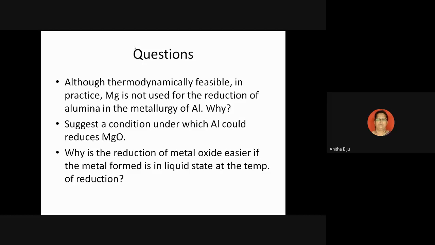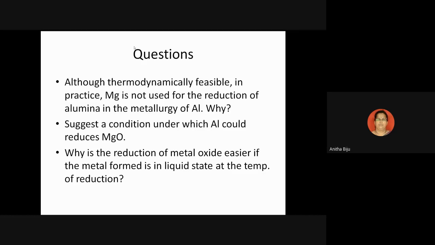And delta G naught value for the reaction. What is the reaction? Aluminium plus magnesium oxide, Al plus MgO gives aluminium oxide and magnesium, Al2O3 plus Mg. It would be negative. Delta G value for this reaction should be negative. This is the answer of the first question.